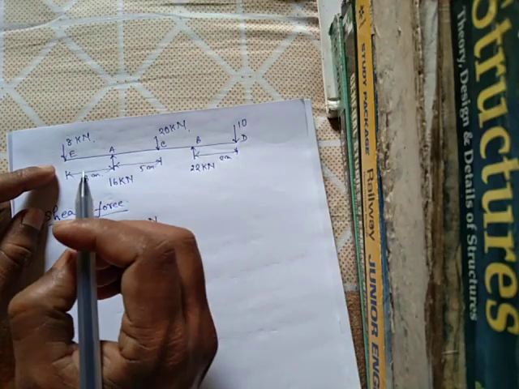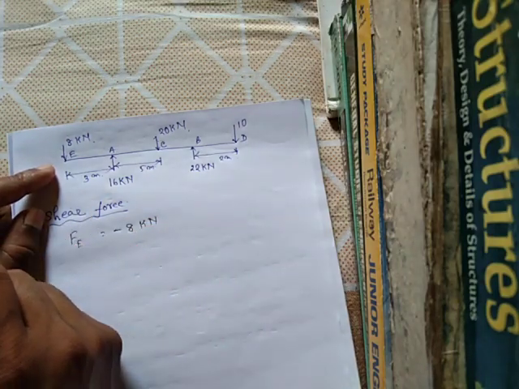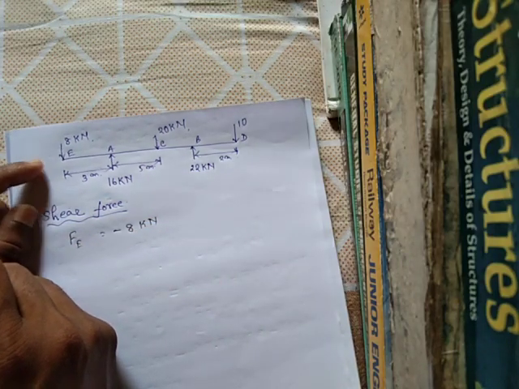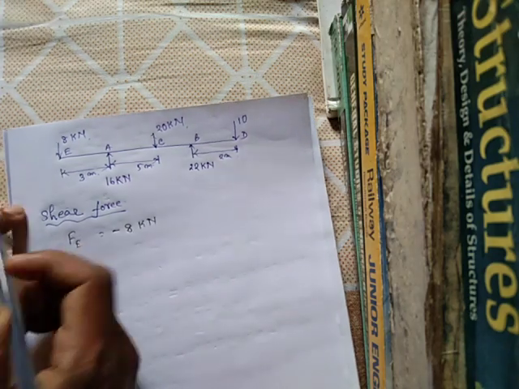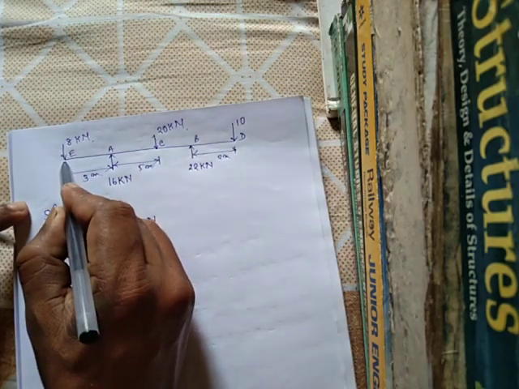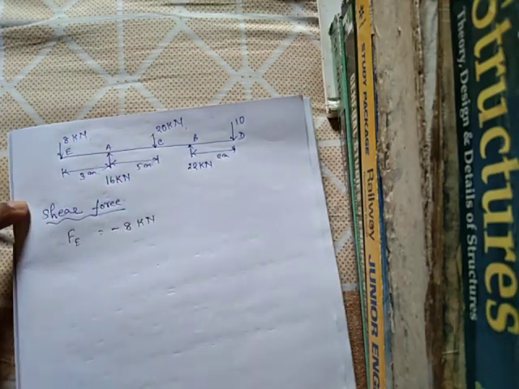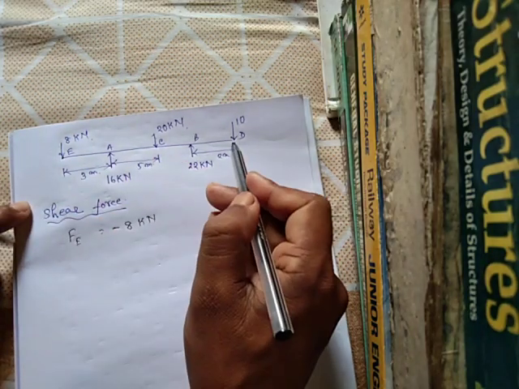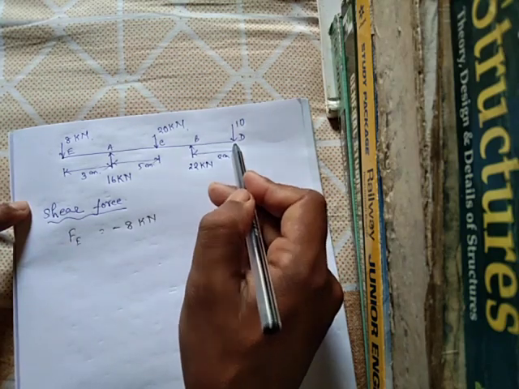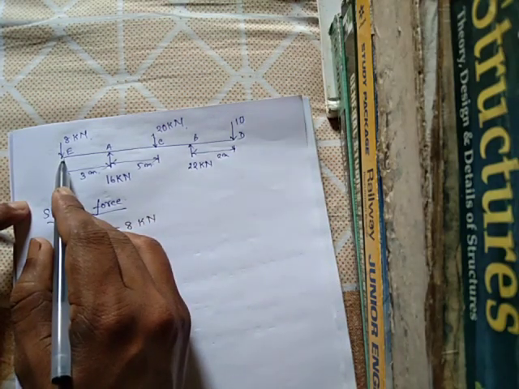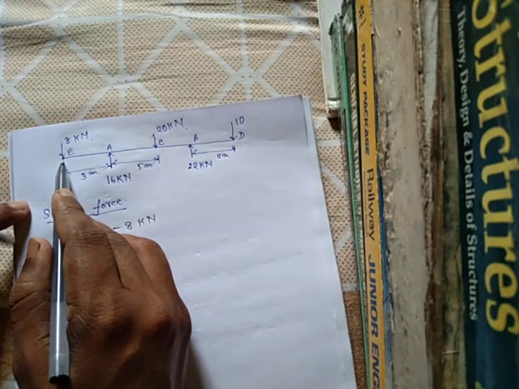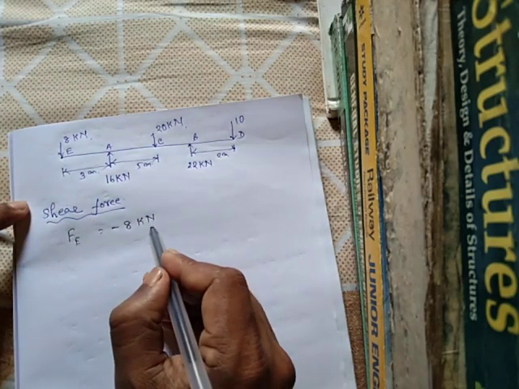Shear force means the algebraic sum of the unbalanced vertical forces. The vertical force at that point is in the downward direction, that means negative. This is for the left side portion; in case of the right side portion, it will be positive. So at the left side portion, the shear force at point E is minus 8 kilonewton.